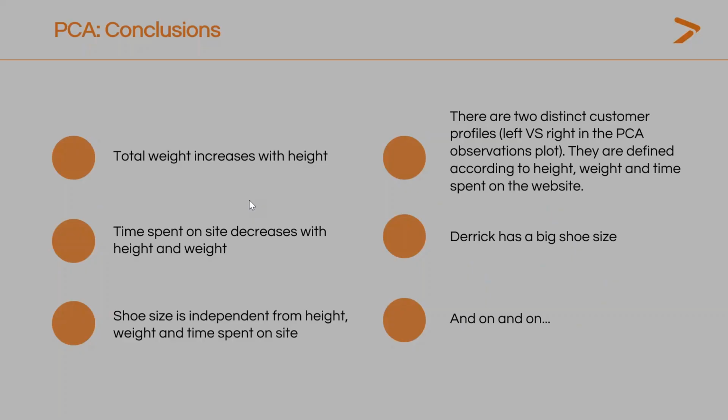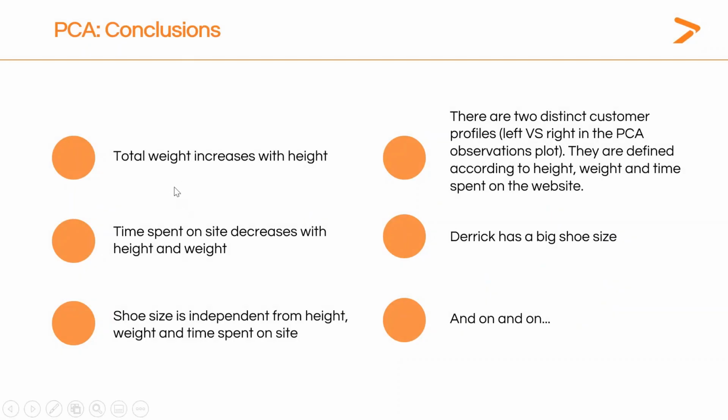So in terms of interpretation, there are many things you can say out of a PCA. Total weight increases with height, time spent on site decreases with height and weight, shoe size is independent from height, weight, and time spent on site, and so on. But there's something very important I need to tell you about PCA and about exploratory data analysis tools in general.